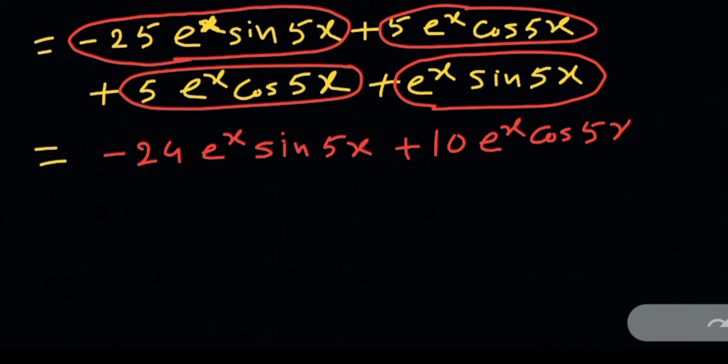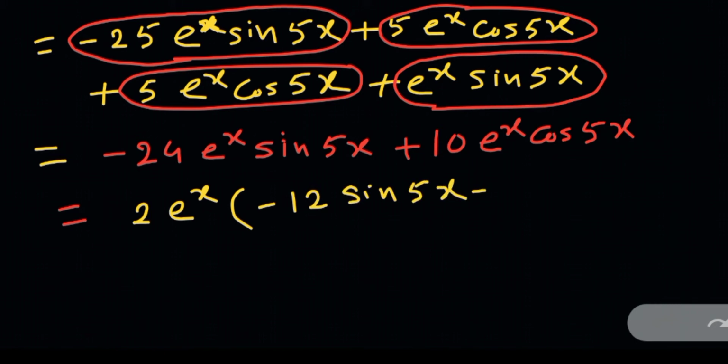Now if you see, these two terms have e to the power x common, and 2 into 5 and 2 into 12. So I can take 2 e to the power x common. So this will be minus 12 sin 5x plus 5 cos 5x. Okay, this will be your final answer.